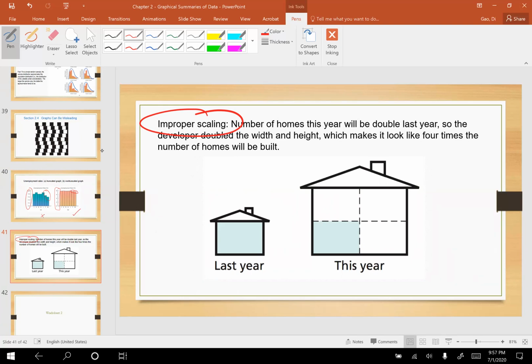So that's another type of misleading graph. When we draw graphs in statistics, we want to avoid those problems.